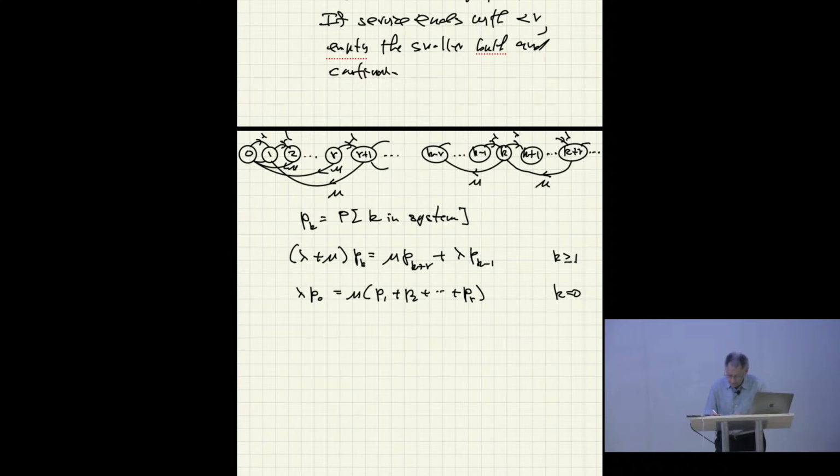So let's define P of Z, as always, summation pk z to the k over all k, 0 to infinity. And let's multiply the basic equation by z to the k and sum on all k. So I got lambda plus mu times the summation, the range is from 1 to infinity of pk z to the k, equals, and I'm going to sum again.